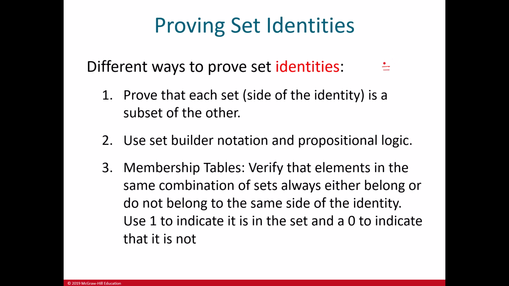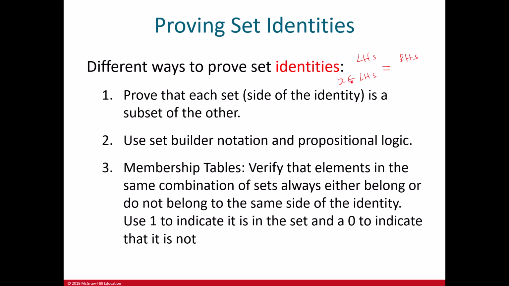Let's say you have two sides, the left-hand side and the right-hand side, both involving some operations: union, intersection, complement, what have you. How do we show that they are equal? We're going to assume there is some element x in the left-hand side.